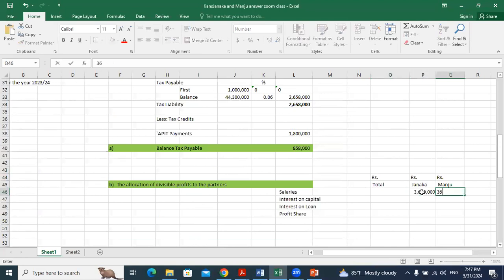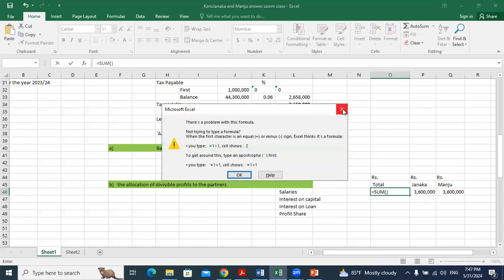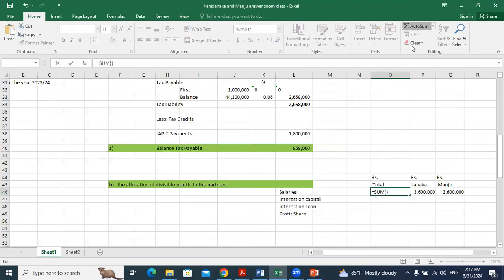This one also 3.6 million. Total is this much, 7.2 million.